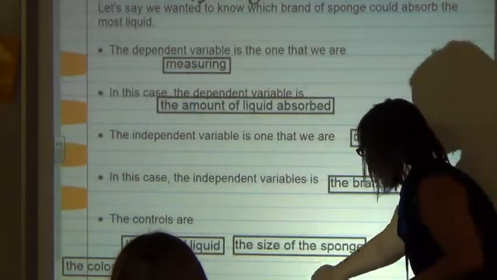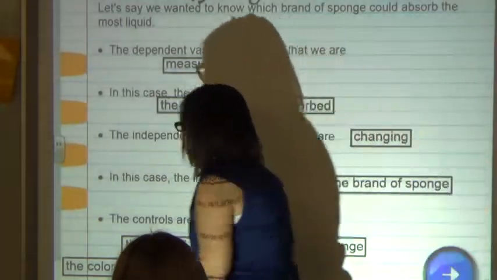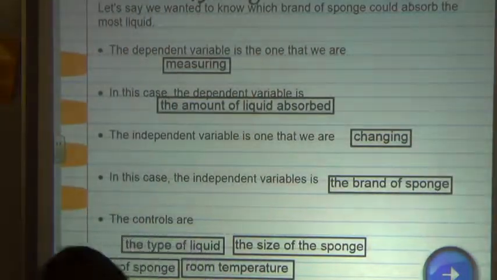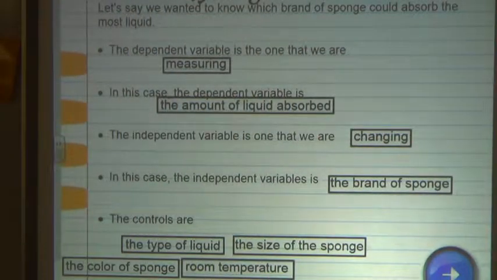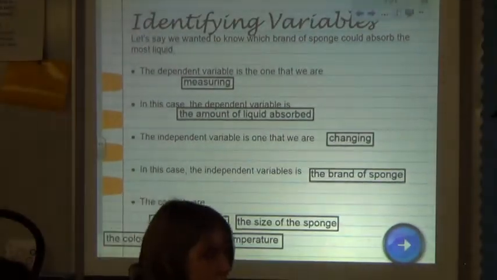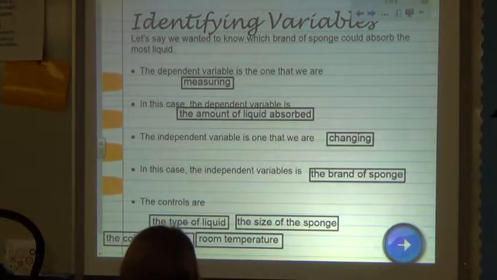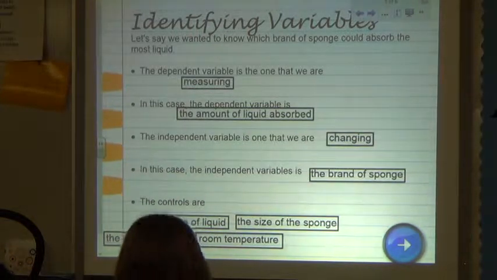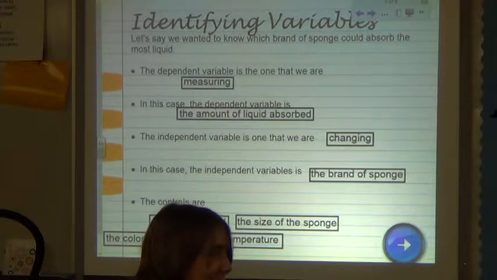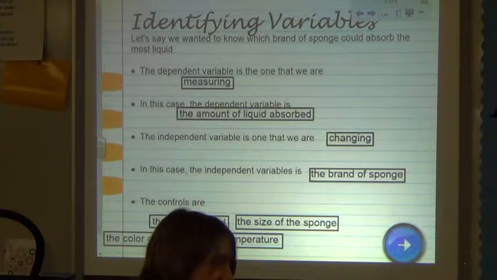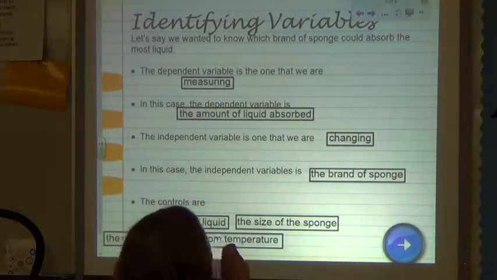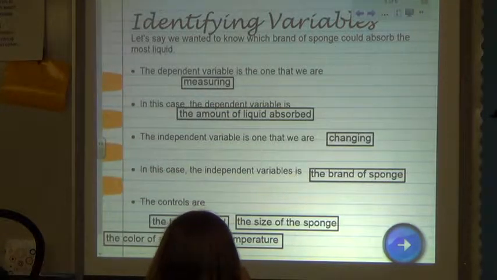I did say that, I recall. All right. Do you think there's any errors up here? Yeah. Really? No. Well, don't second guess yourself. Do you think there's any errors, Dustin? Yes, there is. Since it's in this case, the independent variable is. What do you think it is? I think the answer is the type of liquid.